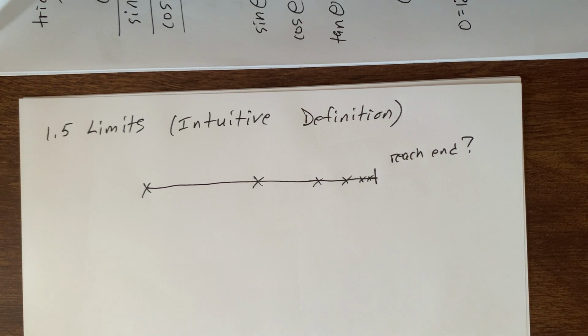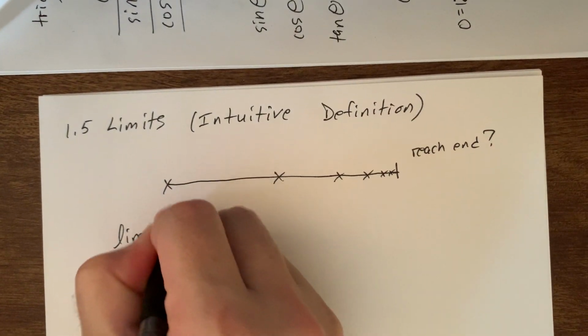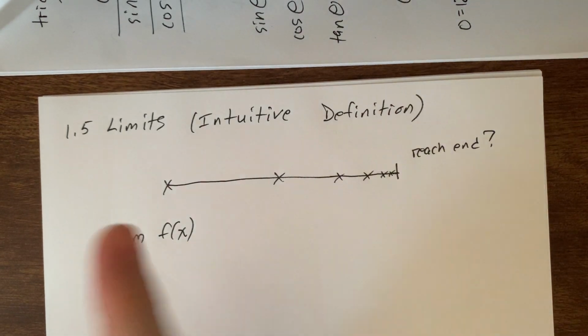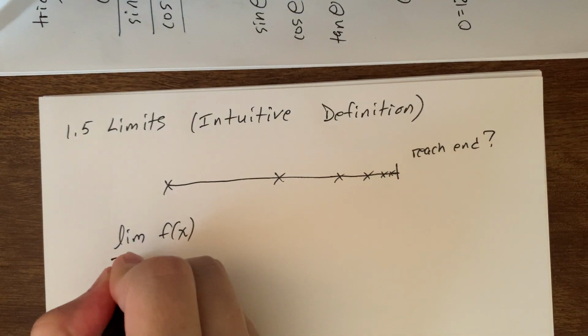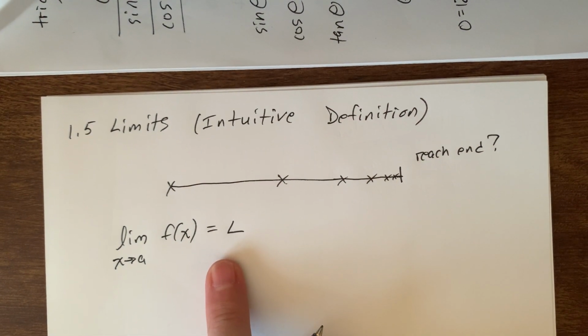So our notation for a limit: the limit of a function f of x as x approaches a equals L. That is our full notation.